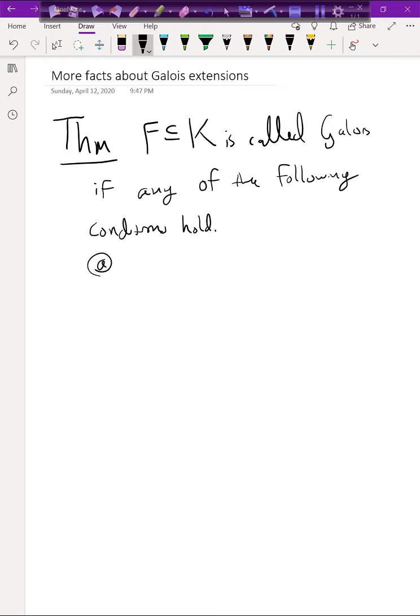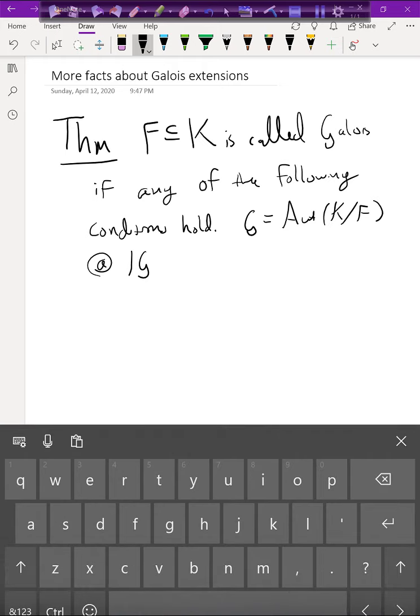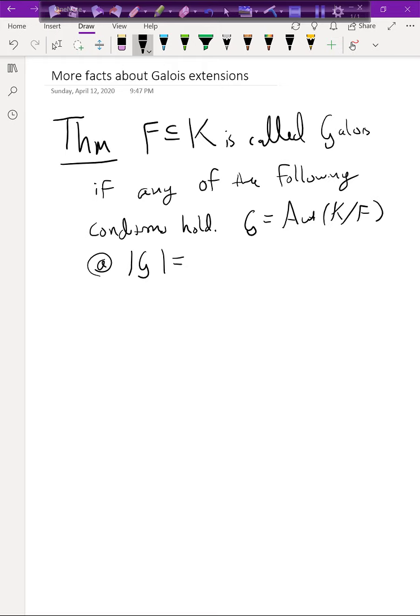A: again here, G equals Aut K over F, the order of G is equal to the index of K over F.